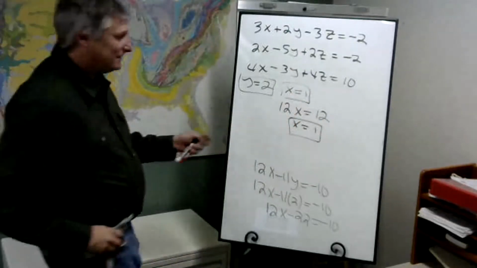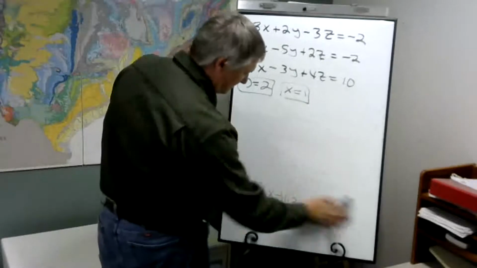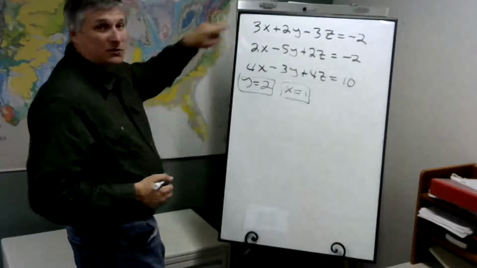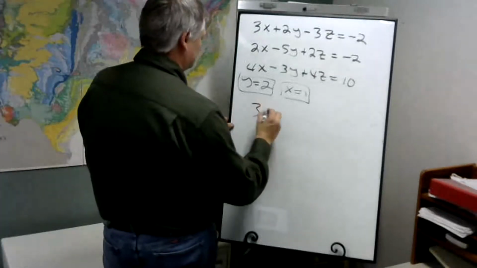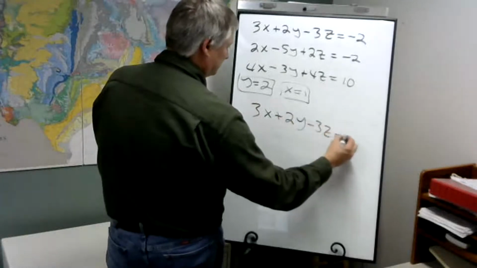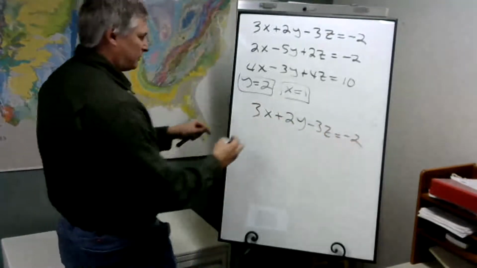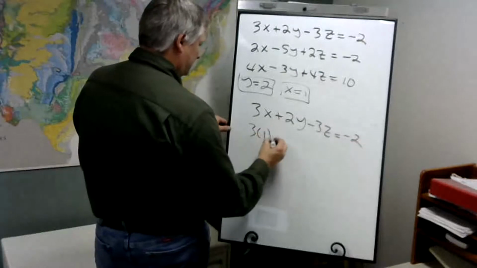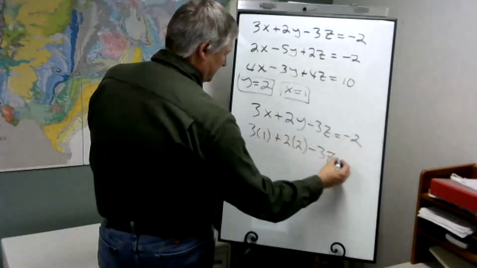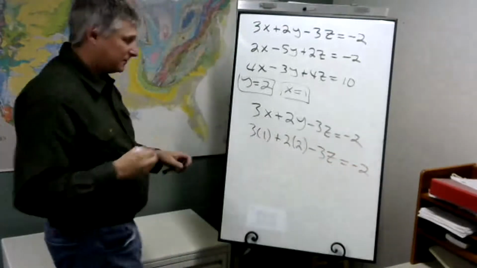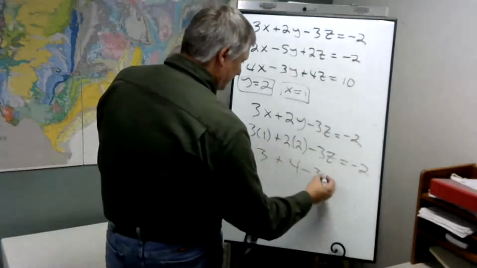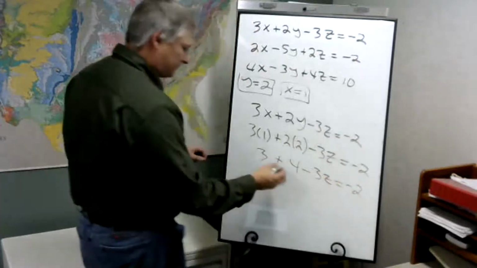And then finally, to get z, we could use this first equation. So 3x will be 3 times 1 plus 2 times 2 minus 3z is -2. Or 3 plus 4 minus 3z is -2.